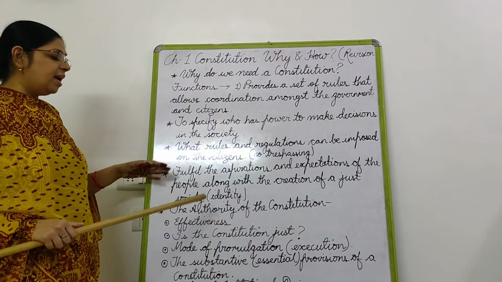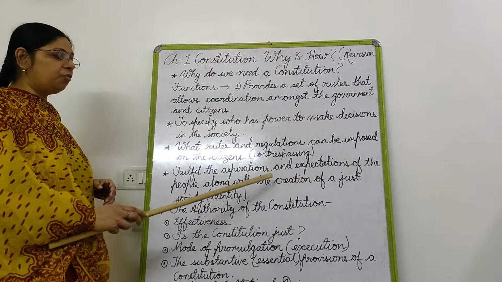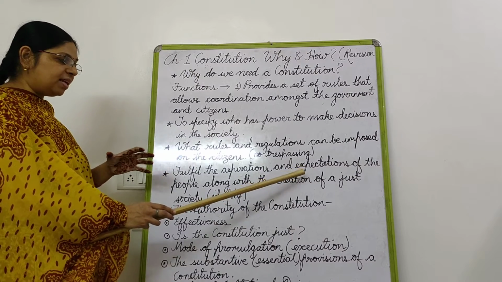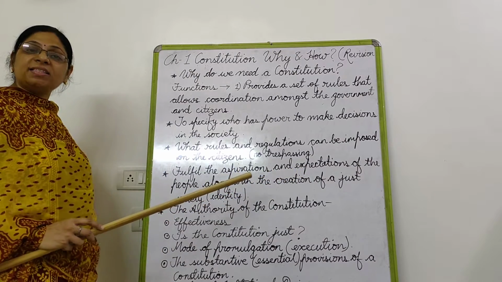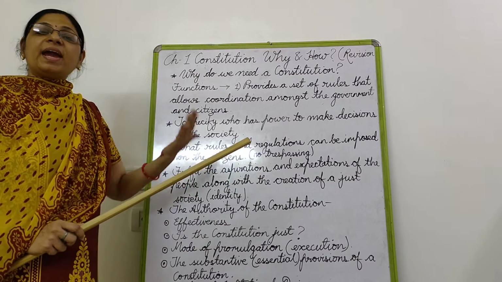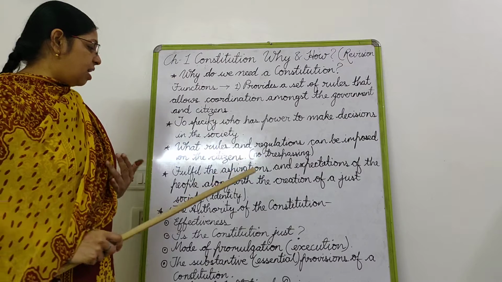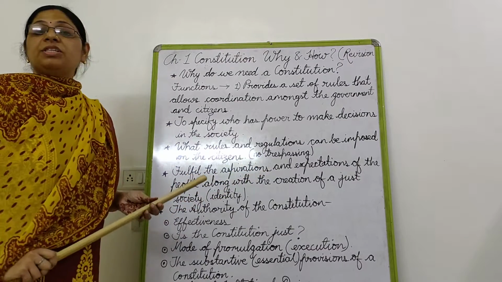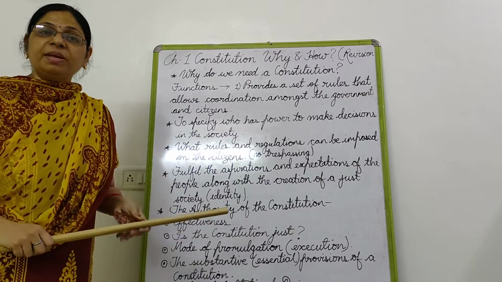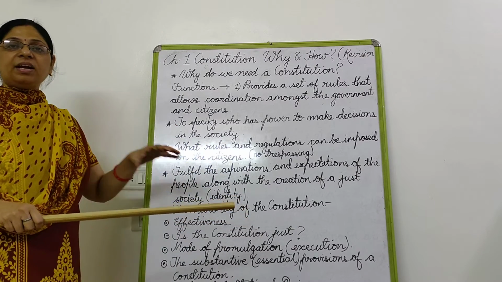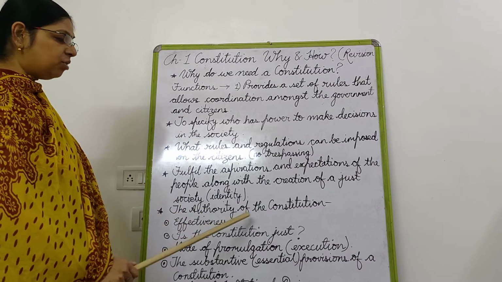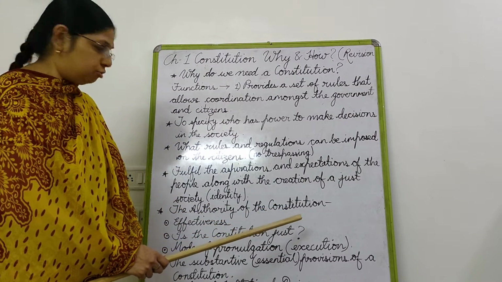That is why it is essential to fulfill the expectations of the people, to give them their space, to fulfill their aspirations, what they ought to get from the government in return, and the creation of a just society. That means the judicial system should be free and fair from any control of the government. Now, let us discuss the authority of the constitution.